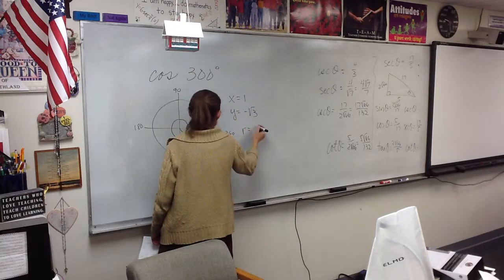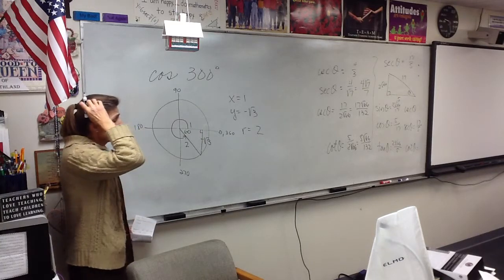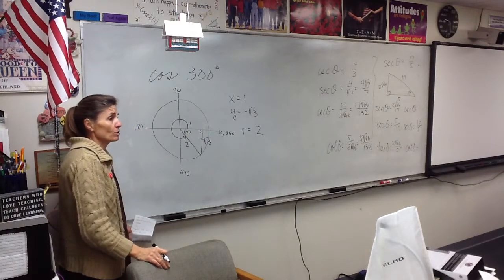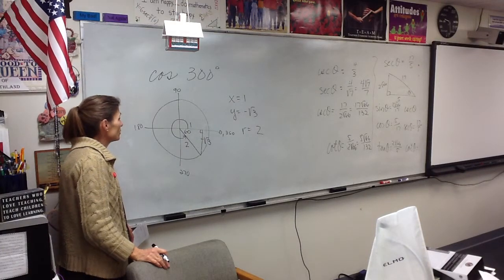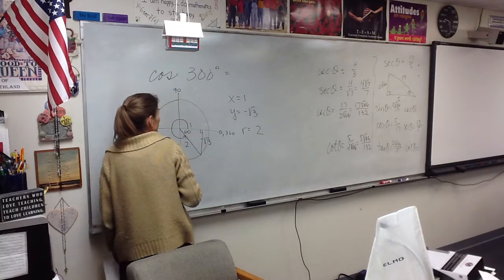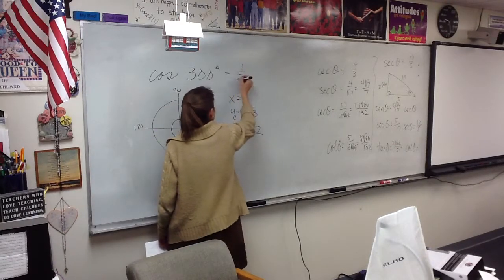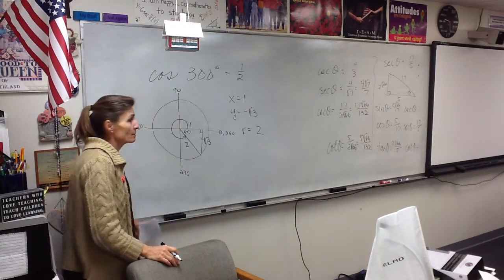Remember, you lose half credit if you don't have the right sign. It's really important. What do I want, the cosine? What's the answer? Cosine would be what? 1/2. X over R, adjacent over hypotenuse.